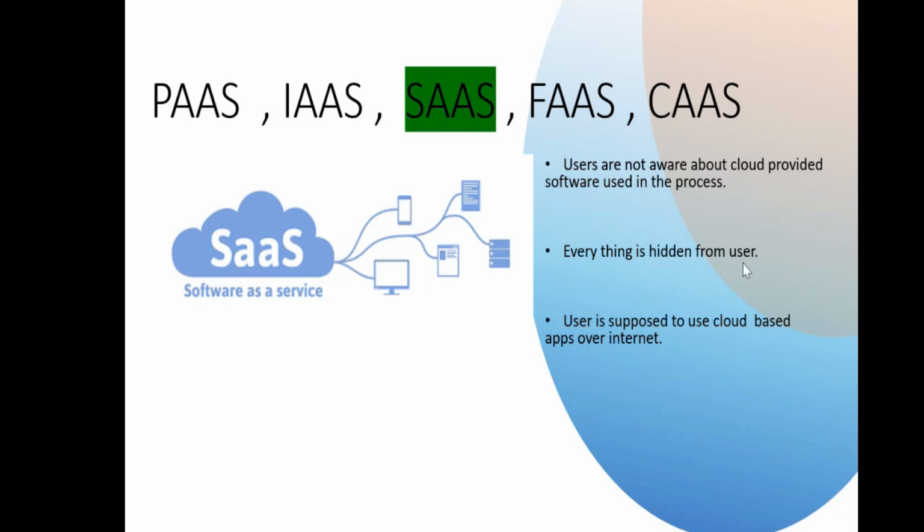Everything is hidden from the user. What is going on in the back end? How is this Google Drive maintained? The user is supposed to use cloud-based apps over the internet. That is software as a service. Our Google apps like Gmail and Drive are ready-to-use services.